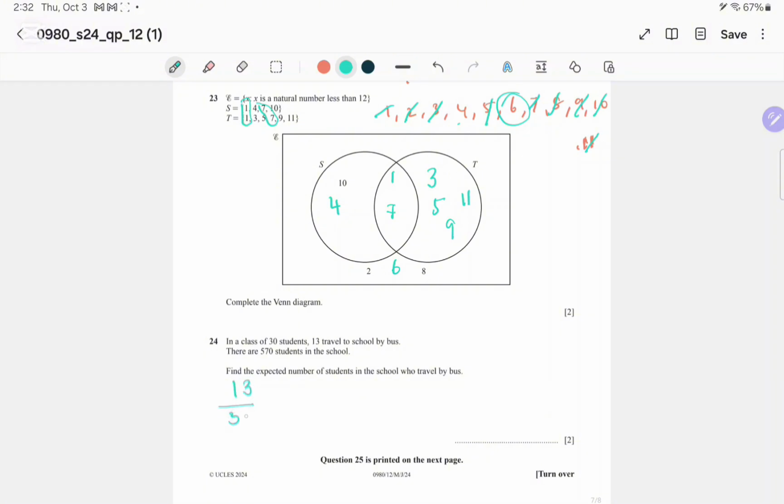You have to find the expected answer, 13 by 30 out of 30, into total 570. Okay, cancel these things. 30 into 19 is 570, so you will get 19. So 13 into 19. What is the answer you are getting? 247. Okay, answer is 247.